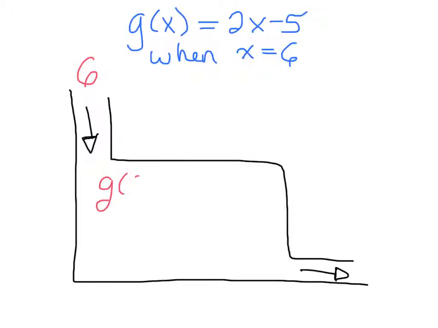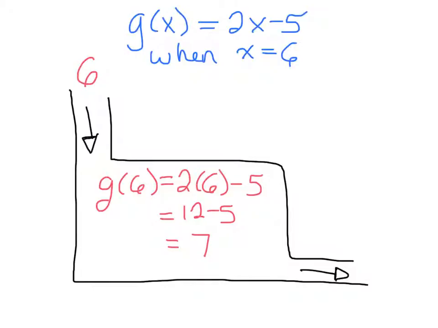So we put 6 into the function, and we evaluate the function rule, which is multiply by 2, then subtract 5. Multiply by 2, then subtract 5, and our output is 7. Now we want to go to the right-hand side and write the words. So up at the top, I'm going to remind us that when we put 6 into the function, and the function name this time is g, the output was 7.